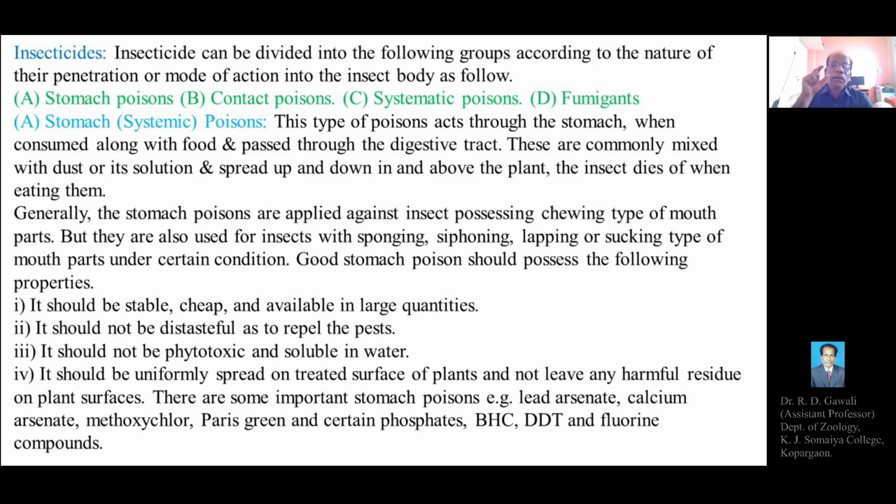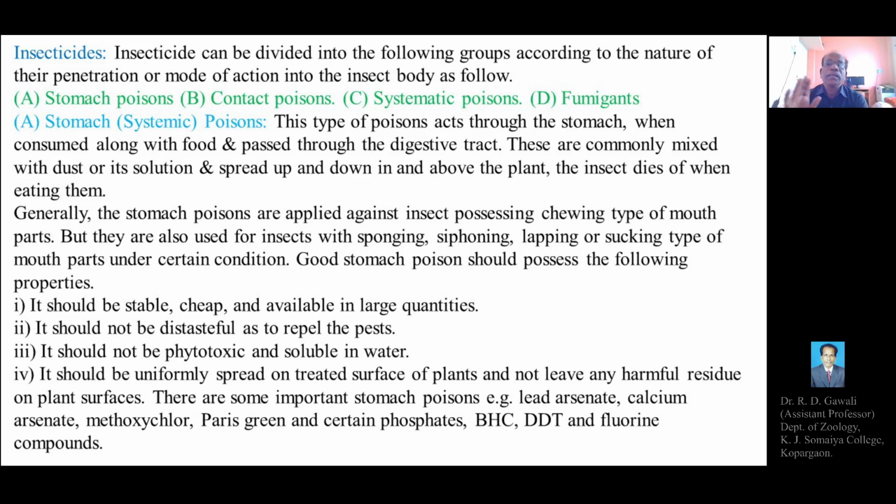these stomach poisons reach the digestive tract, when they get consumed along with the food into the digestive tract or stomach of the insect pest. Their toxic effect occurs only when they reach the lumen of the stomach or digestive tract, and then kill the particular pest.